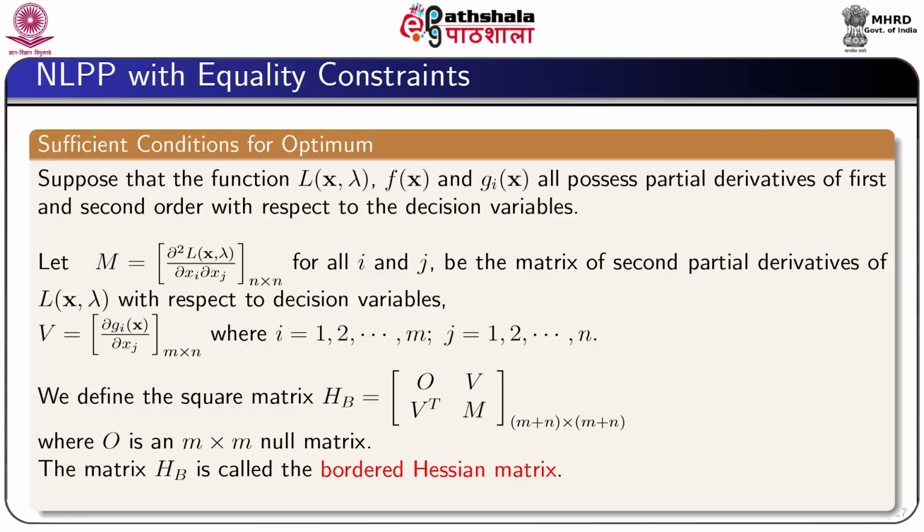We define the square matrix HB equal to [O V; V transpose M], which is an (m plus n) by (m plus n) matrix, and the matrix HB is called the border Hessian matrix.